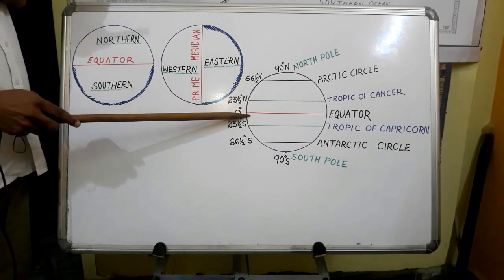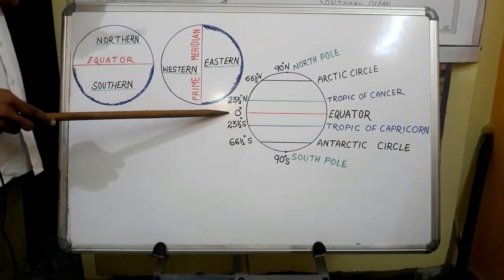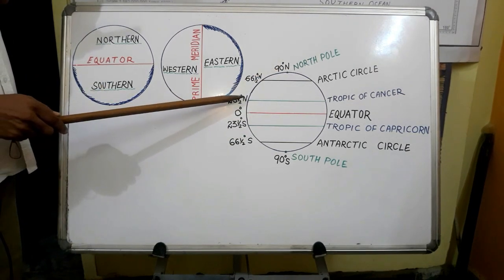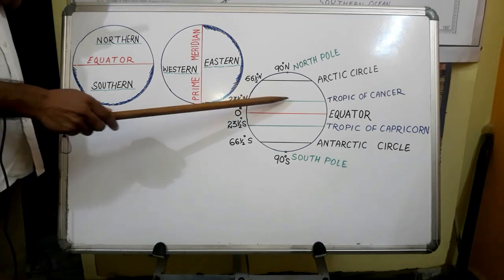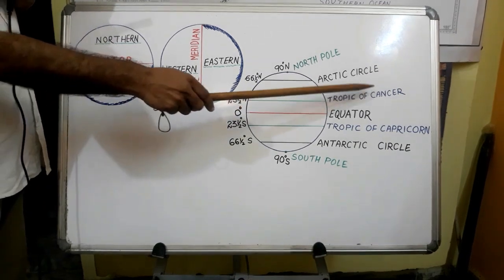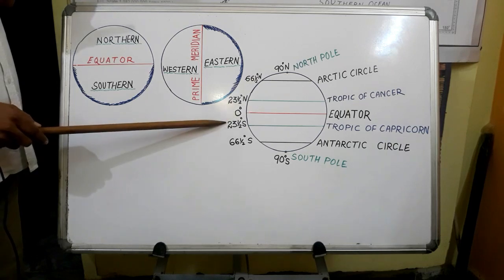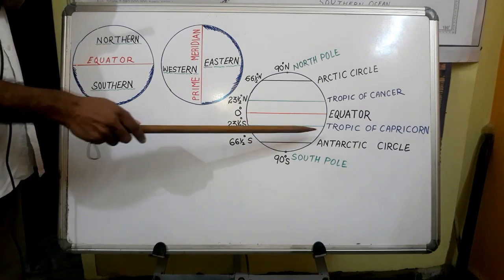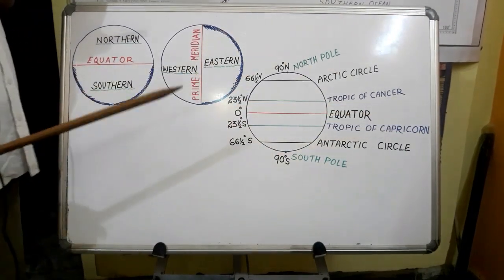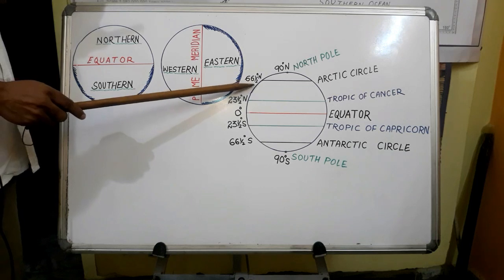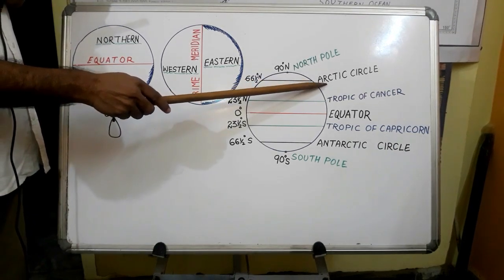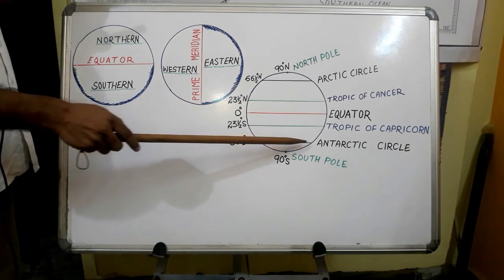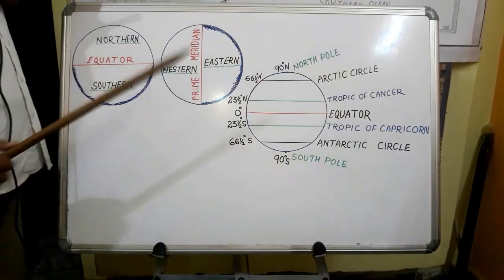Here in red color you can see the equator, which is 0-degree latitude, whereas 23.5 degrees north, the line shown in green color, is the Tropic of Cancer, and 23.5 degrees south, again shown in green color in the southern hemisphere, is the Tropic of Capricorn. 66.5 degrees north is called the Arctic Circle, and 66.5 degrees south is named the Antarctic Circle.